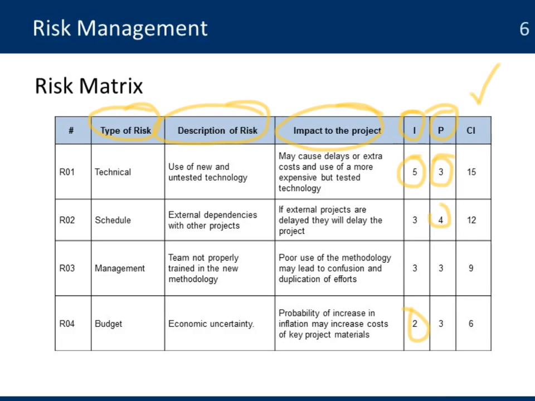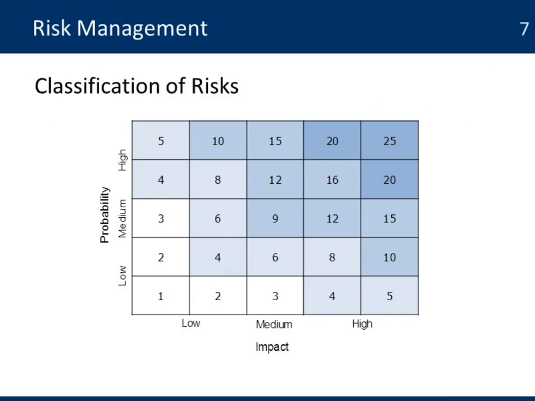The last column is your composite index. That is the multiplication between the impact and probability. In this case, 5 times 3 will be 15. That number helps you then organize and identify all those risks that you have based on the impact and probability. Here's the chart that shows you that relationship. Here's impact from low to high and probability from low to high.